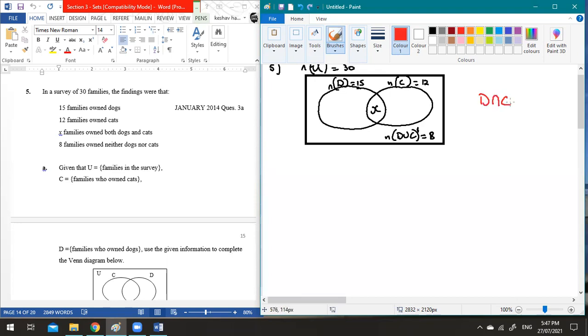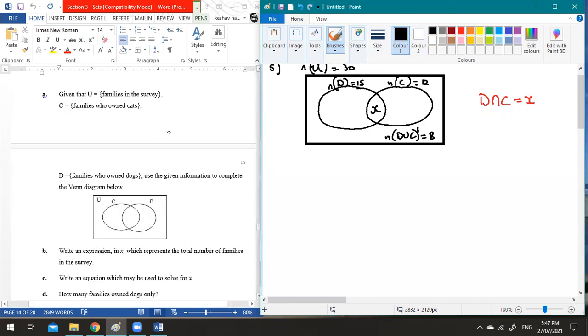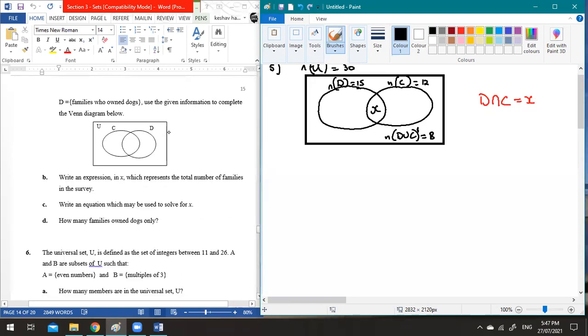Dogs intersect cats is x. So that's basically a Venn diagram. You could go further into it and write 15 minus x and 12 minus x, because this will give us the amount for onlys, right?